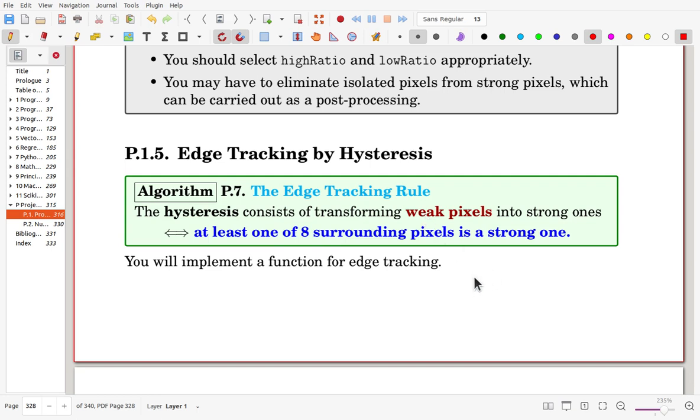And for a selected weak pixel, now you try to search the surrounding 8 pixels, and if at least one of these 8 pixels is a strong one, then the current weak pixel must be transformed into a strong one. Right? That's the rule, and you will implement a function for the edge tracking.